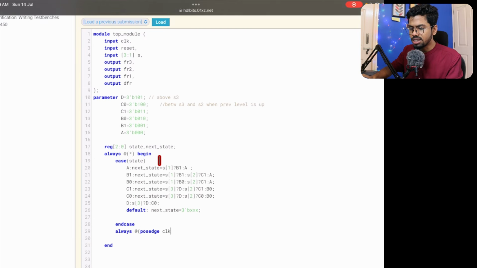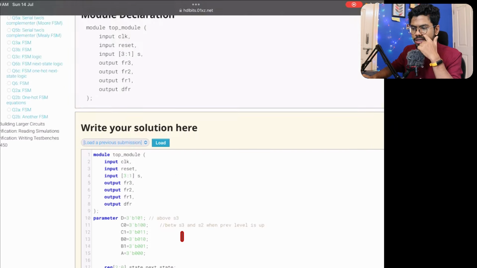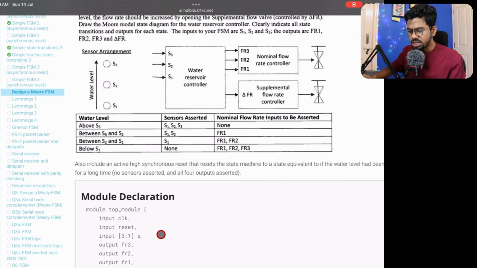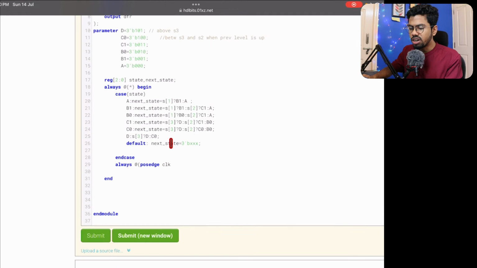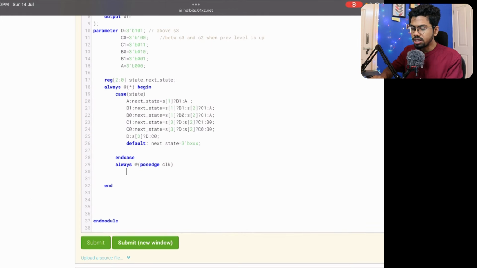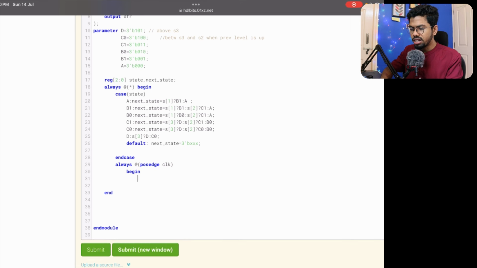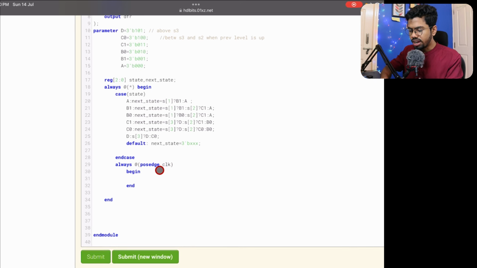See, clock is defined, CLK. Reset is also defined. Synchronous reset or asynchronous reset, active high? It's a synchronous reset. If it is a synchronous reset, we won't give it in the sensitivity list. Begin and end.